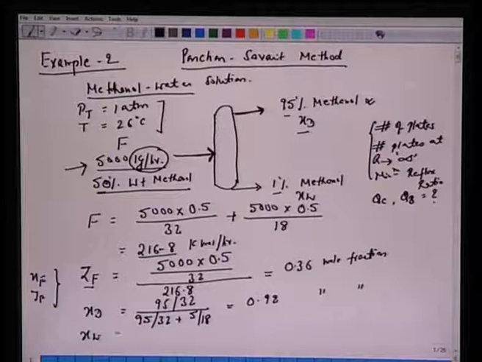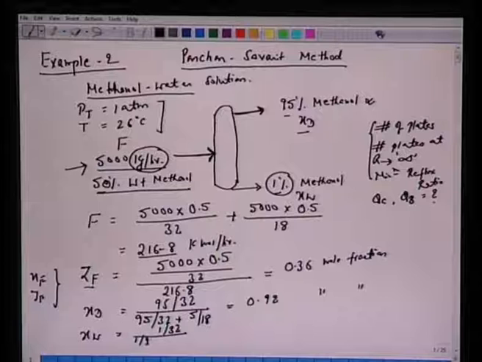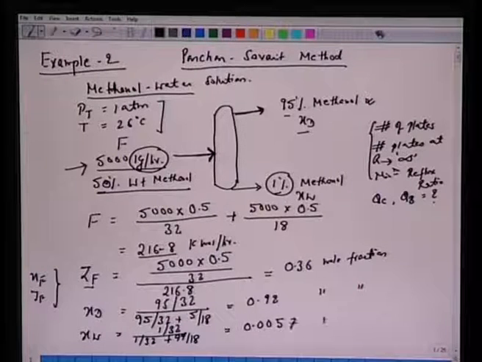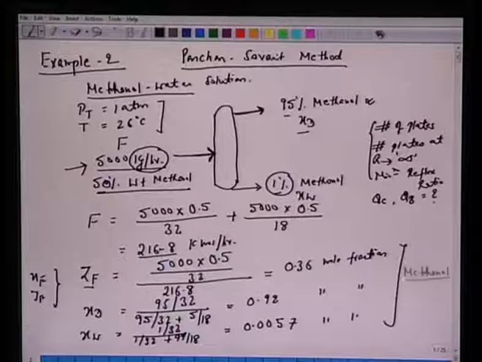Similarly, XW in mole fractions, we have been given 1%. So 1 over 32 over 1 over 32 plus 99 over 18 equals 0.0057 mole fraction of methanol. All this is methanol, the more volatile component.